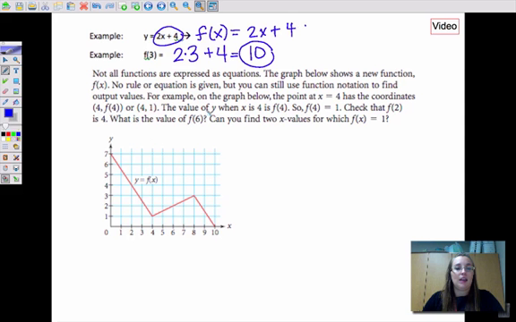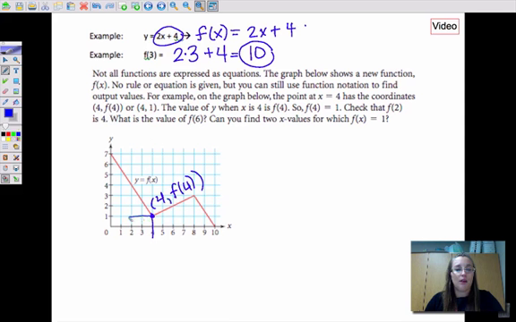And so it's saying that, for example, on the graph below, the point at x equals 4, so this point right here, when x equals 4, has the coordinate 4, comma, f evaluated at 4. Which means that basically, if I was to evaluate this function with an input of 4, with an x of 4, then the second coordinate is called f of 4.